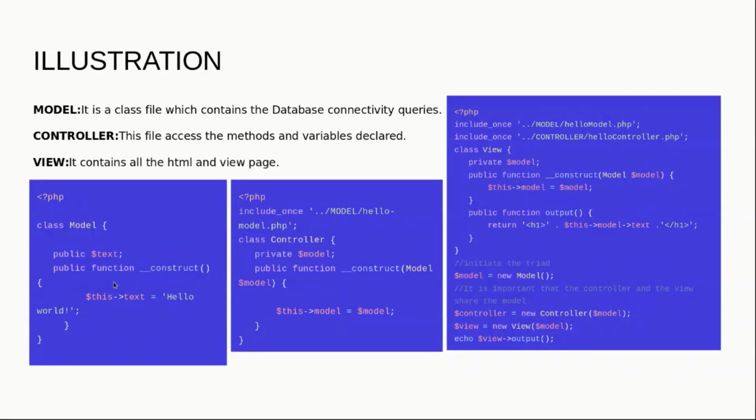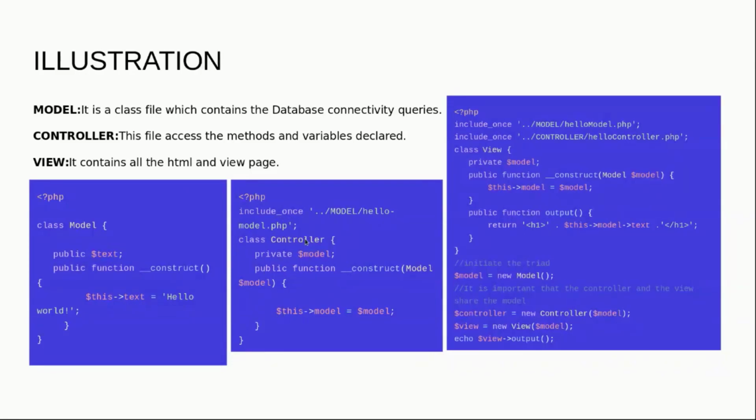With time, in our projects that are coming ahead, we'll get to do things that connect to the database. But let's just consider that this model has a database, and this database is a simple text. Assume that this is some data, and this model has a constructor that initializes this text, hello world.